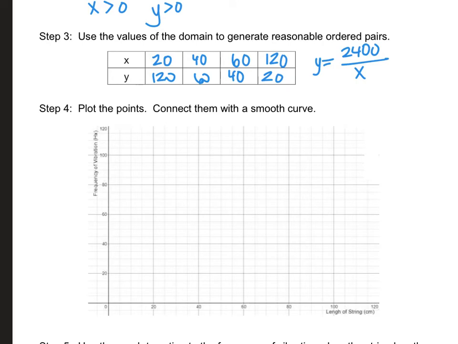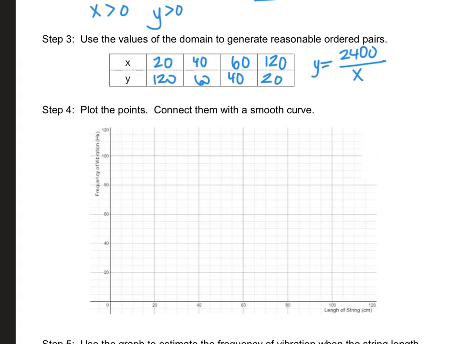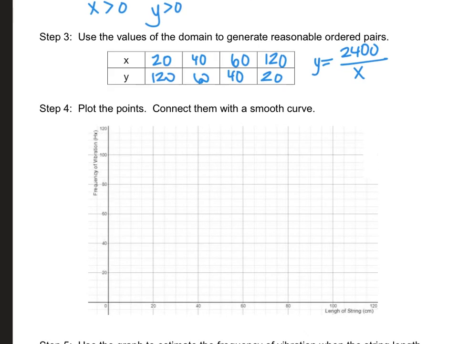Here we go. Okay. So if x is 20, y is 120, that is way up. There we go, 120. All right, if x is 40, y is 60, which is right here. So all I'm doing is plotting these ordered pairs. Okay? So if x is 60, y is 40.